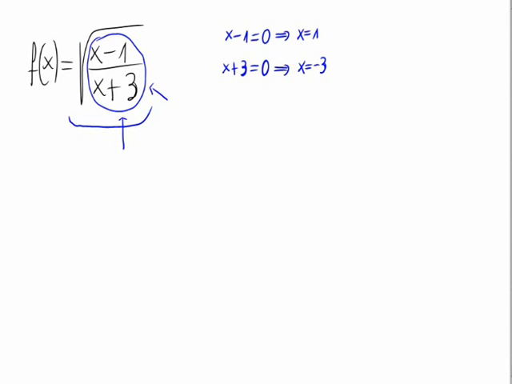A property that this fraction has is that it is a continuous function.